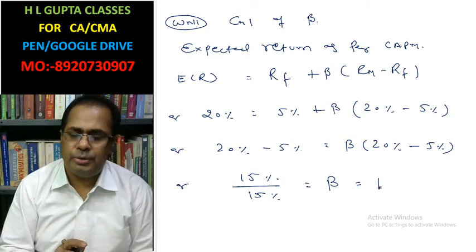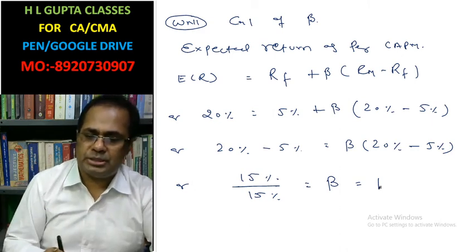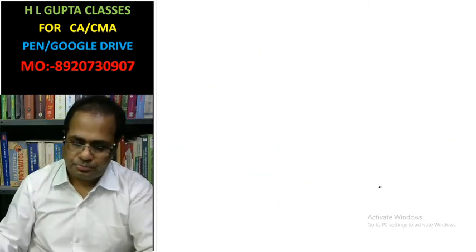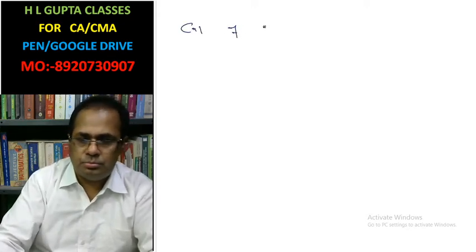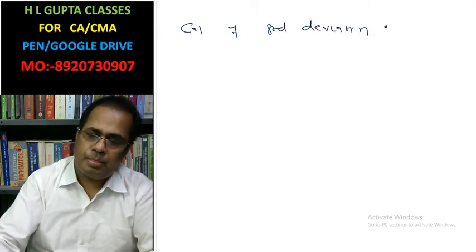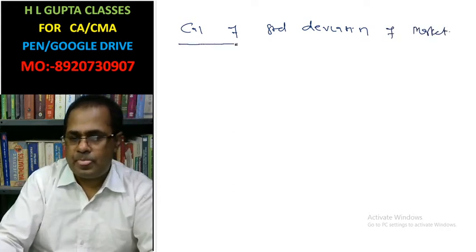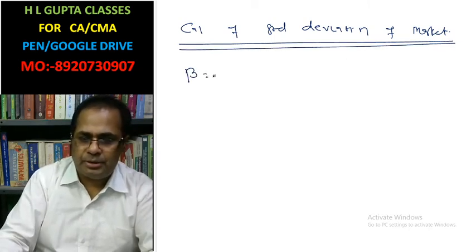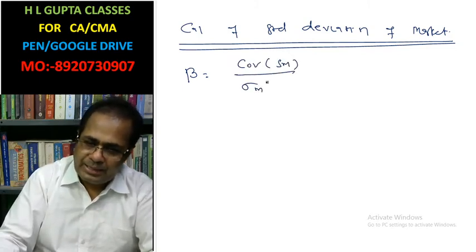Now using this value of beta you can calculate the standard deviation of market. Calculation of standard deviation of market. Why? Because of the formula: beta, we have calculated beta, equals covariance of security and market divided by standard deviation of market squared.